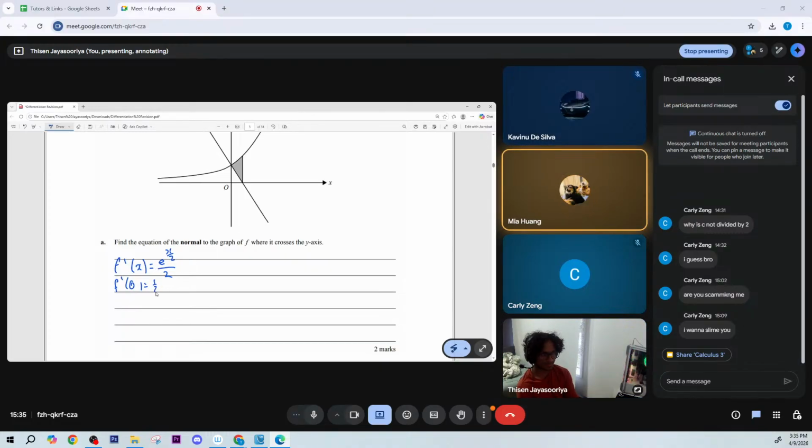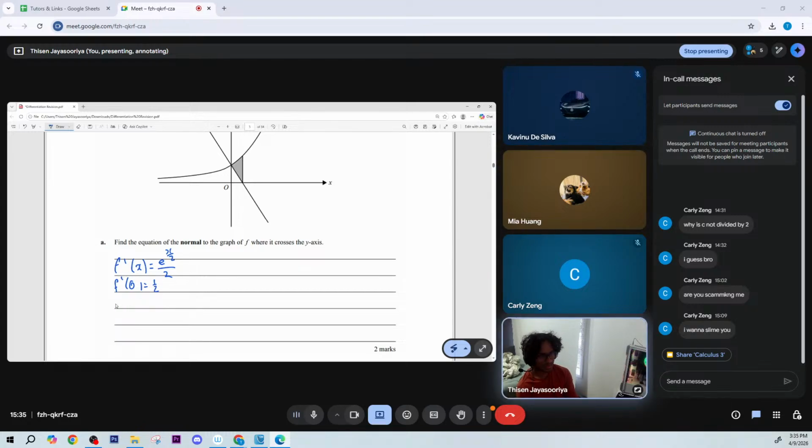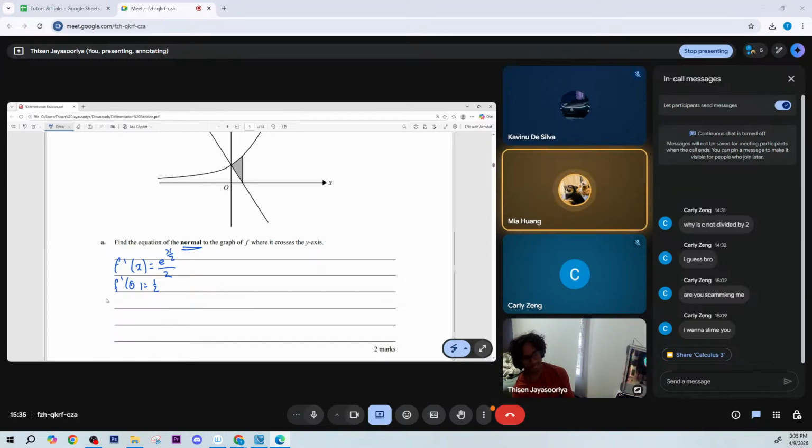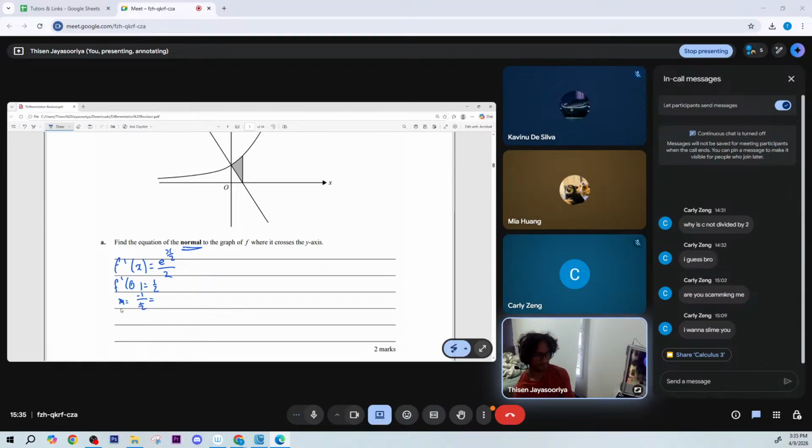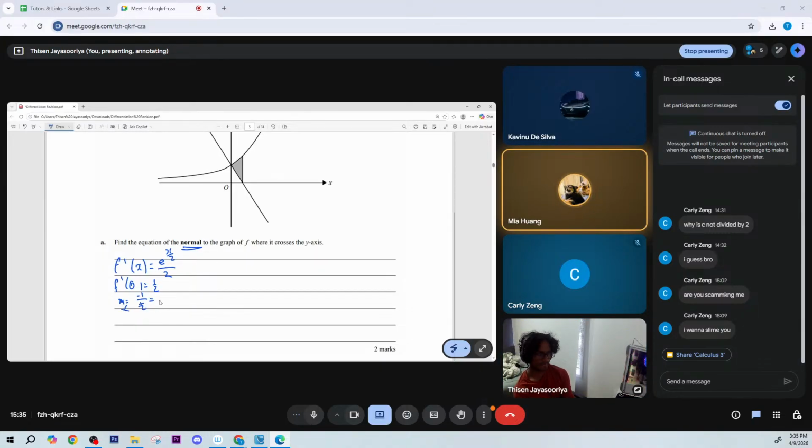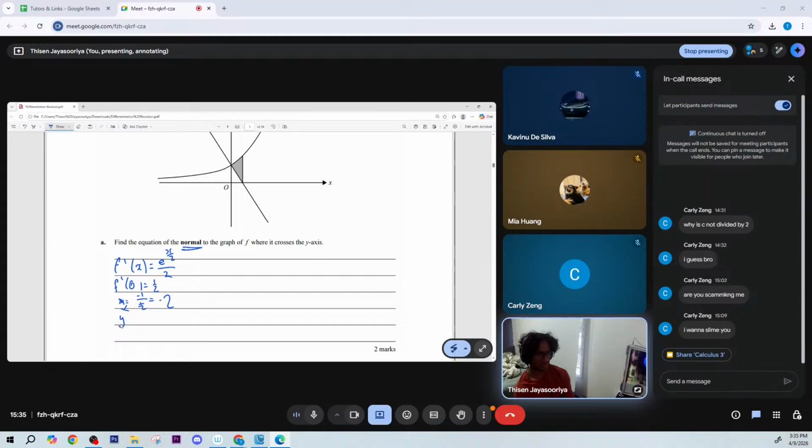Yeah. And then how do we find the gradient of the normal line? Is it negative 1 over a half, which is negative 2? So then we can do y take y1 equals m times x take x1.